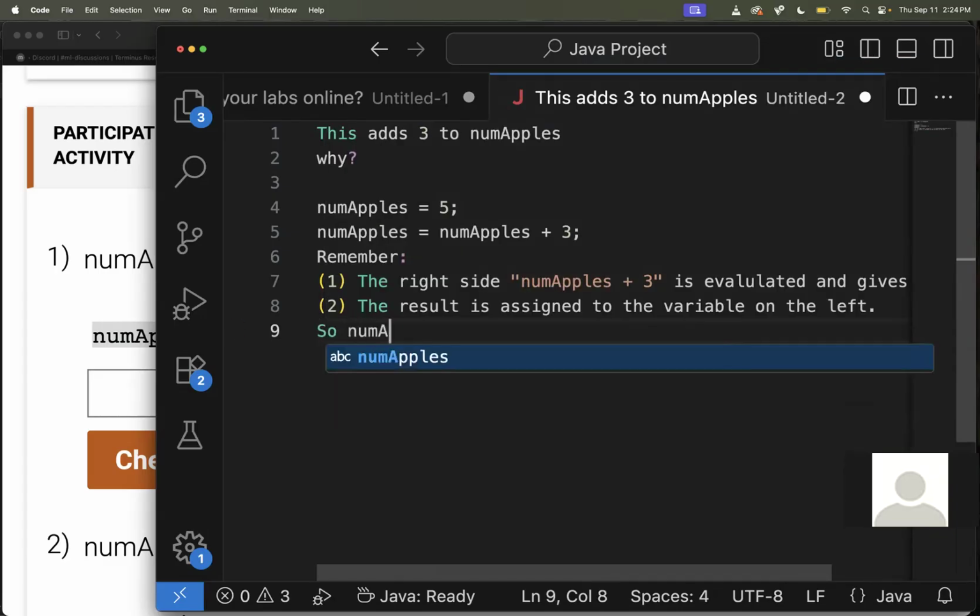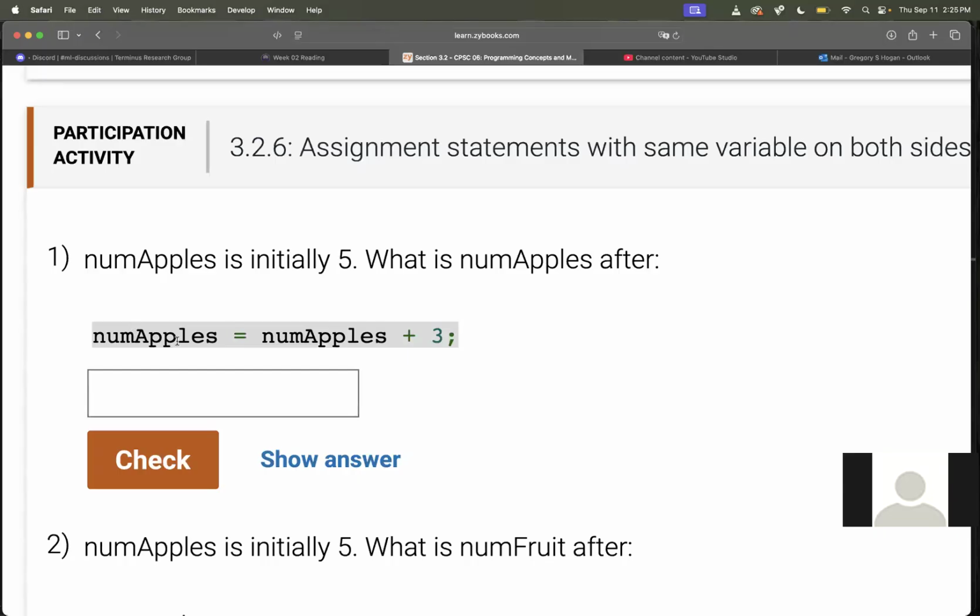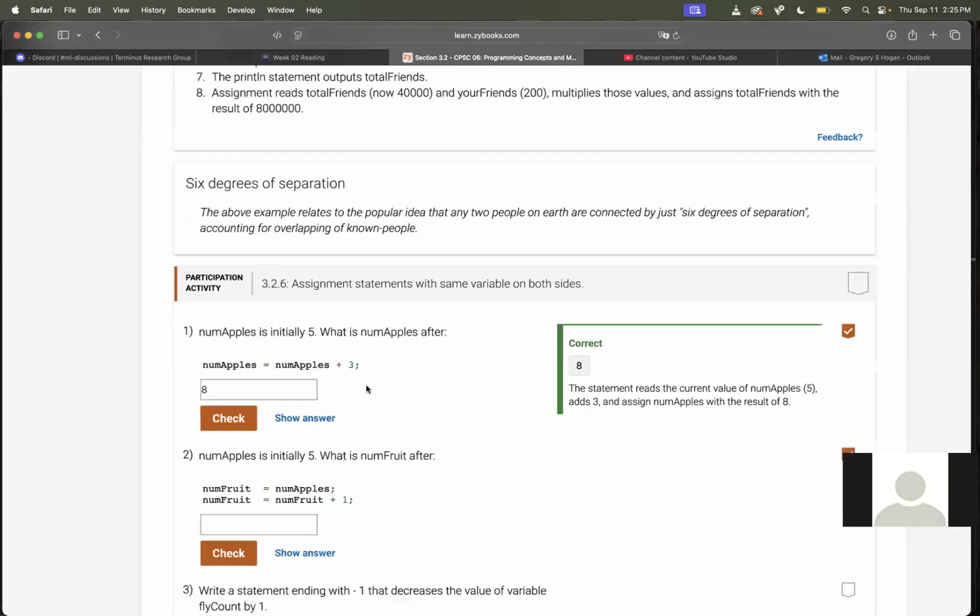So num apples ends up as 8. So when you see this statement, num apples equals num apples plus 3, you need to understand that we're adding 3 to whatever the previous value of num apples is. So when they say num apples is initially 5, and then this line that's highlighted adds 3, we should end up with 8.